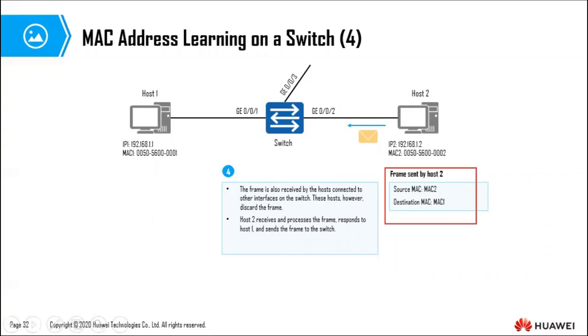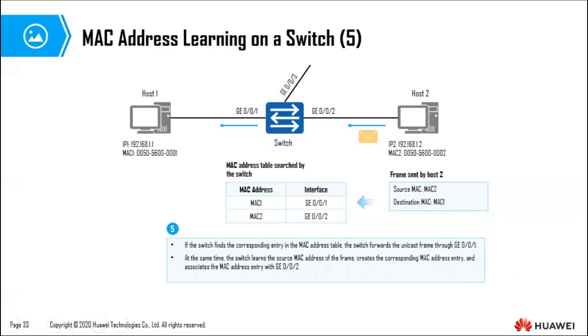Okay, so let's find out what happens. What happens when the switch receives the reply from host 2, what do you think will happen? So here, if the switch finds the corresponding entry in the MAC address table, then the switch will forward the unicast frame through G0001.